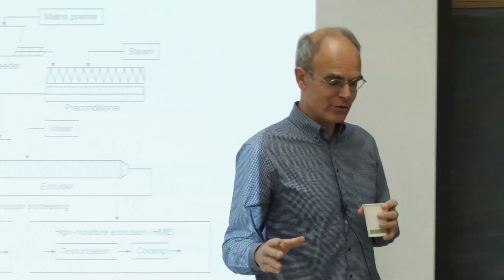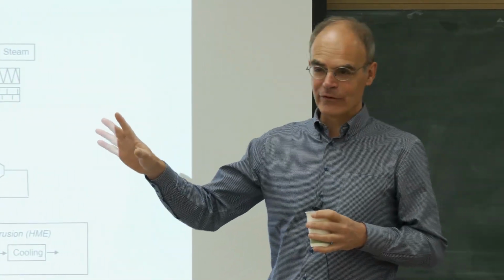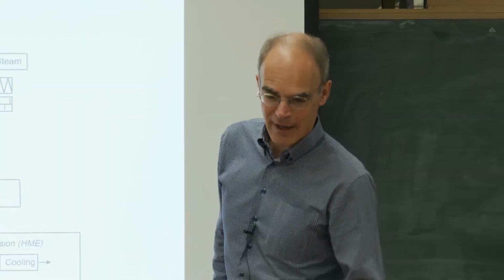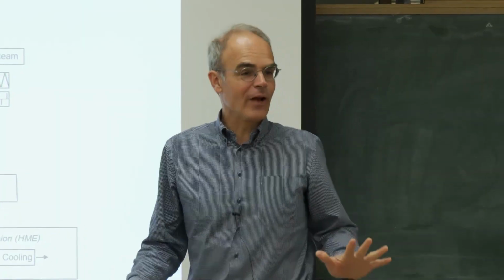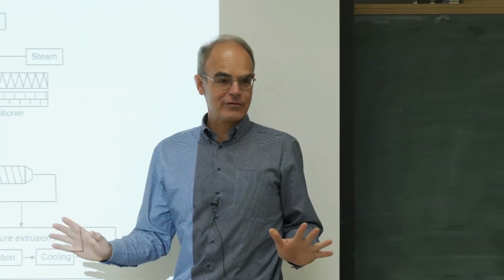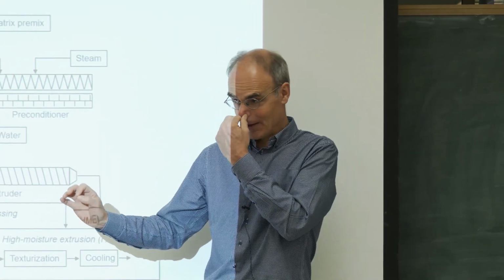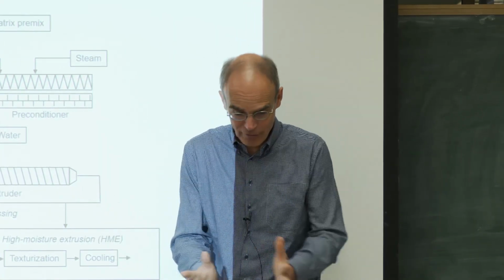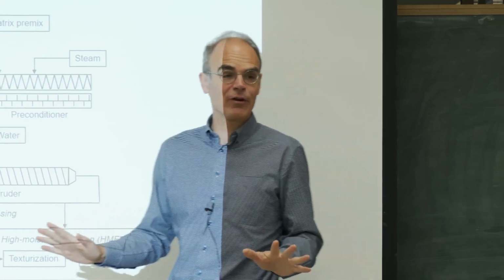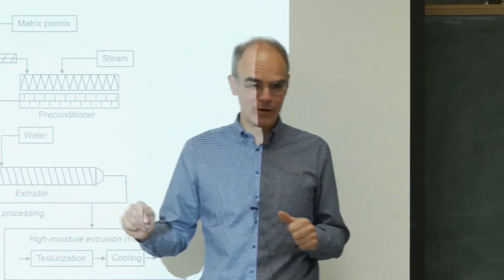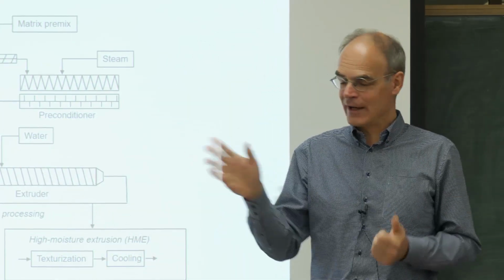So yes, you can extrude up to these water contents, but from my side, I thought it was just cool to once try it and actually demonstrate the potential feasibility. Just doing a lab, it never goes to production, but we could control that, we could extrude at 80% water content.